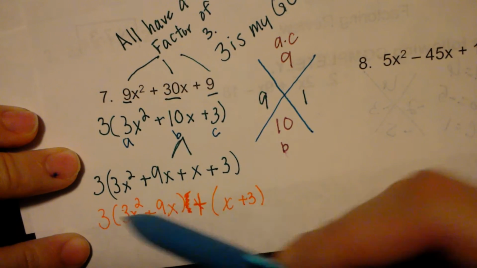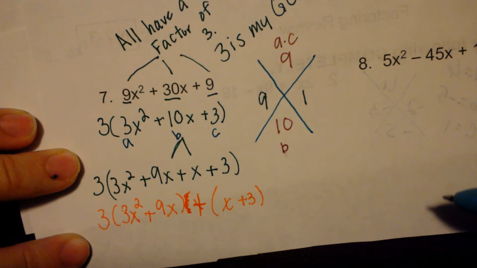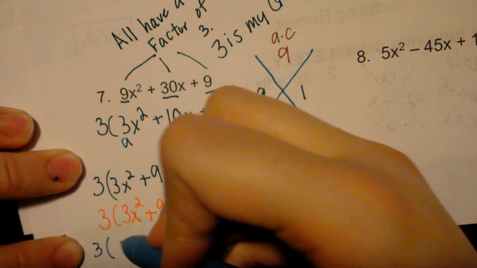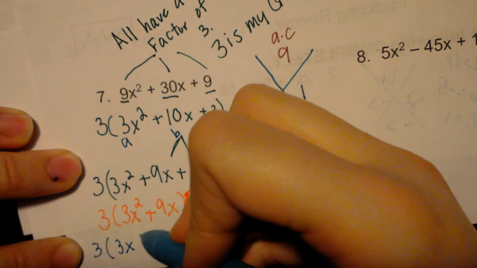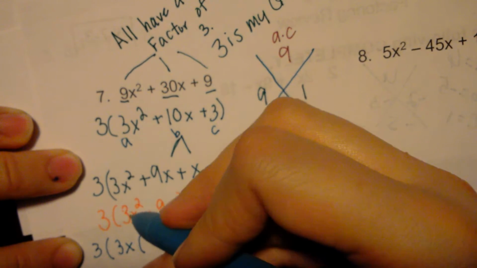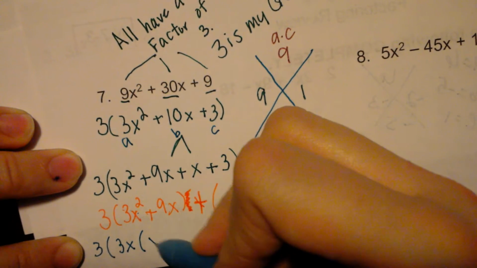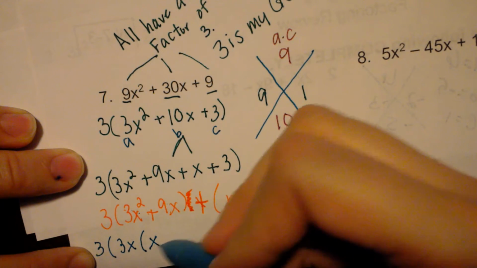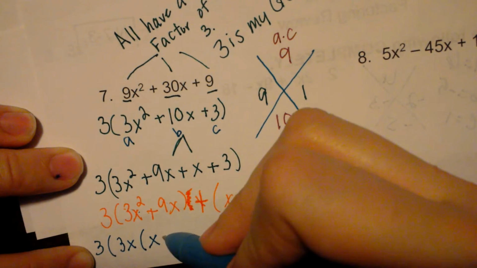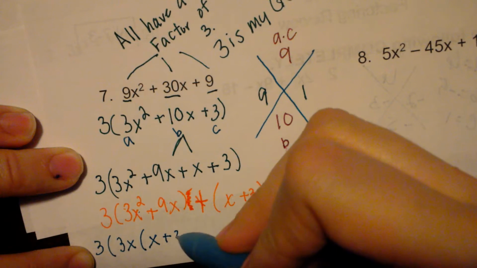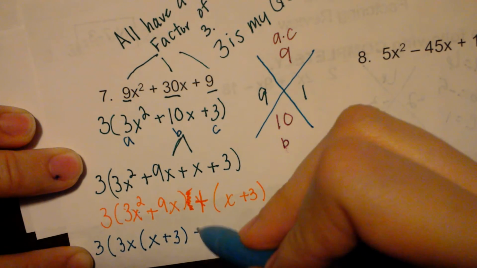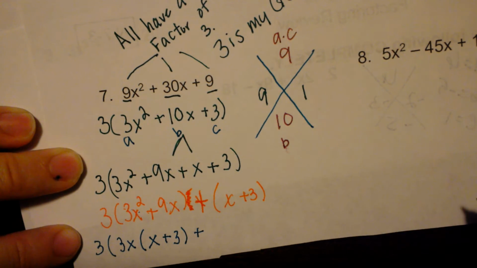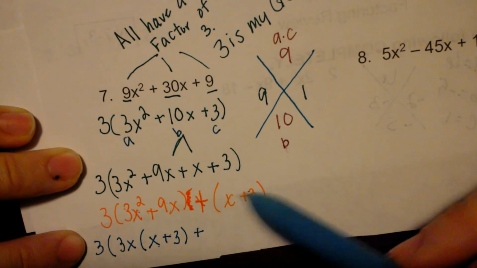So between these two terms, I have a 3x in common. So 3 divided by 3 is just going to leave me a 1 and x squared. Take away 1, x, and I have x. 9 divided by 3 is just going to be 3. And then here, I can't take anything out, and these are the same factor.